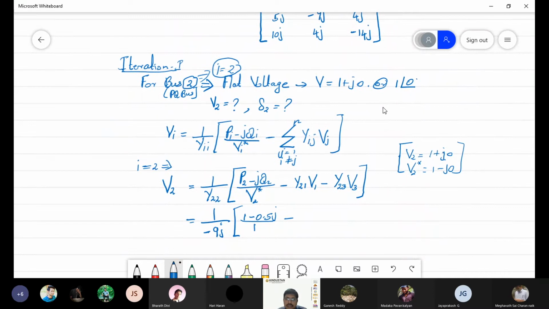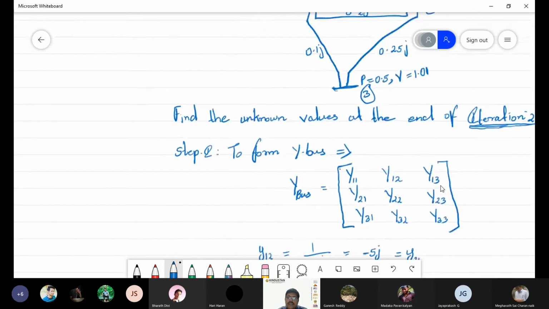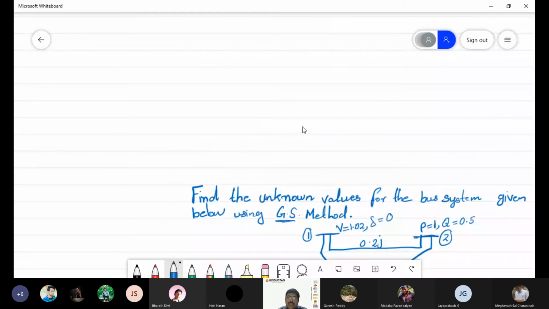So how we can put, that is 5j multiplied by 1.02, right? So once again, if you want, you can check, the V1 value it was 1.01.